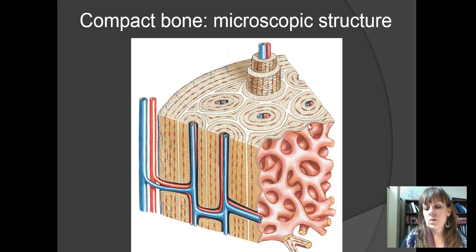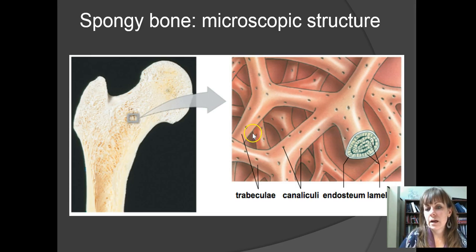Okay, and they're going to be the trabecula. They're going to be unique to the spongy bone, but if you get up close to one of these trabeculae, you're going to notice that they do have lamella. They are lined by endosteum, and notice they do have lacuna, and they do have canaliculi going from one osteocyte to another.